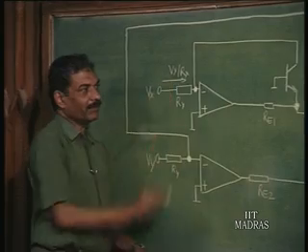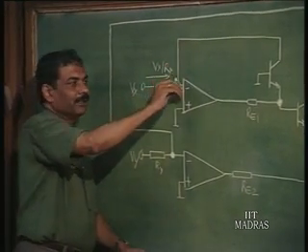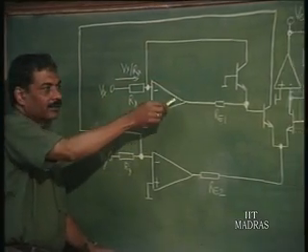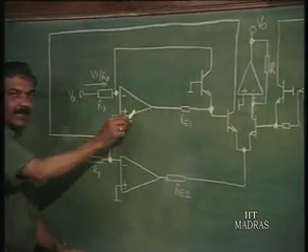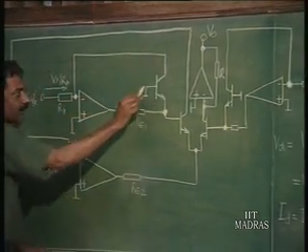This current is now made to flow through the collector of a transistor, which is done by the op amp negative feedback. Okay. So, this op amp has a negative feedback arrangement such that this current is forced to flow through this.